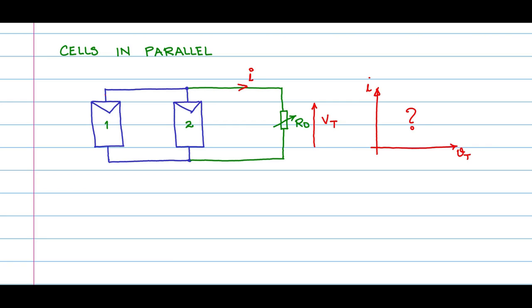And here you have individually this current as I1 and current from panel 2, cell 2 as I2.